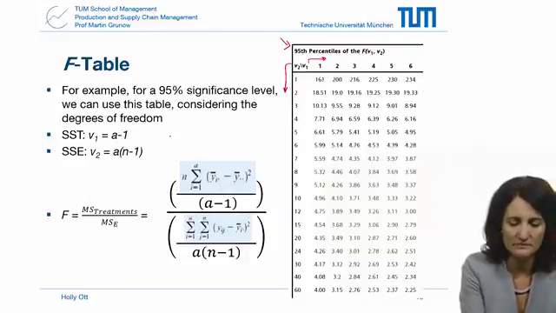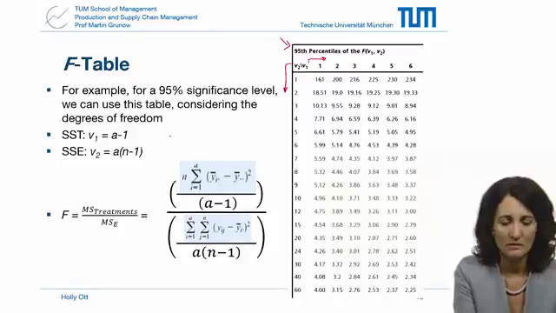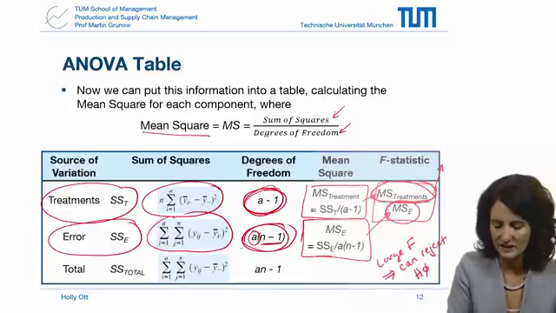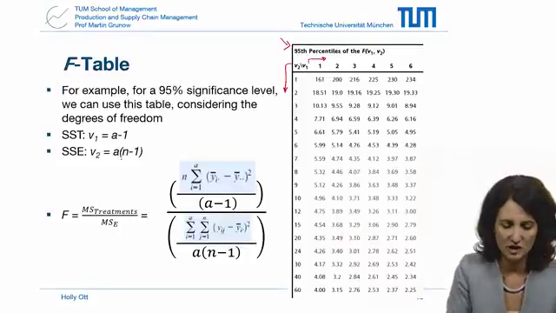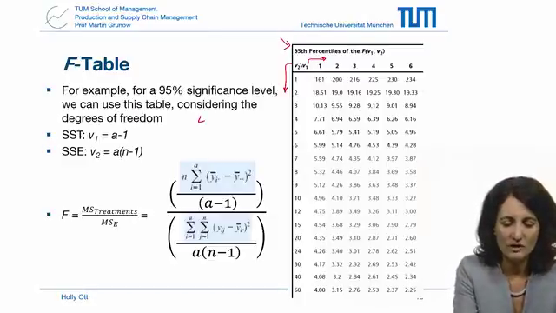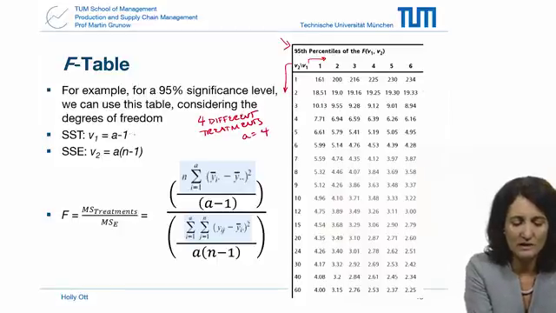Maybe I'll give an example of that in a minute. V2 is then going to be the degrees of freedom for the error, which is A times N minus 1. There's V2. So for example, if we had four different treatments, then we'd have A equals 4, and this one would be 4 minus 1 equals 3.